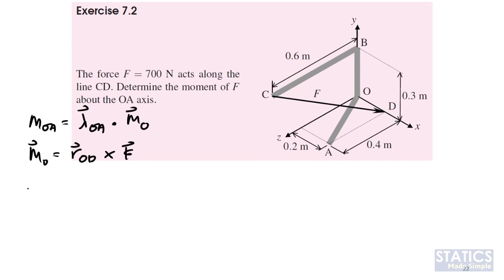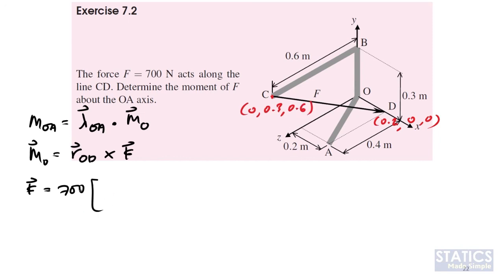So F in terms of IJK will be equal to its magnitude 700 times, in terms of coordinates, D is equal to along X 0.2, along Y 0, along Z 0. Point C is along X 0, along Y 0.3, along Z 0.6.